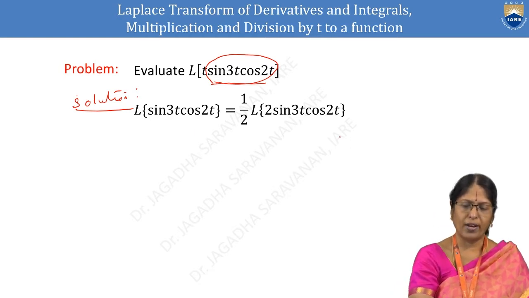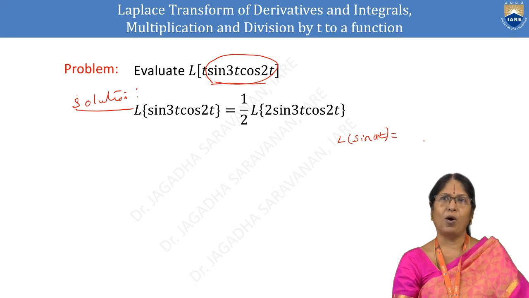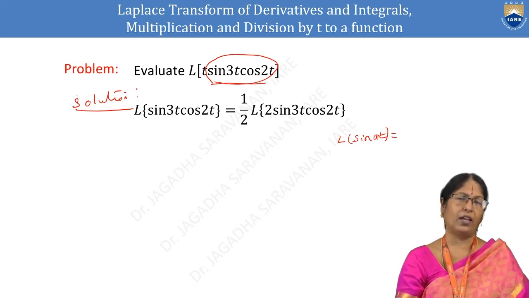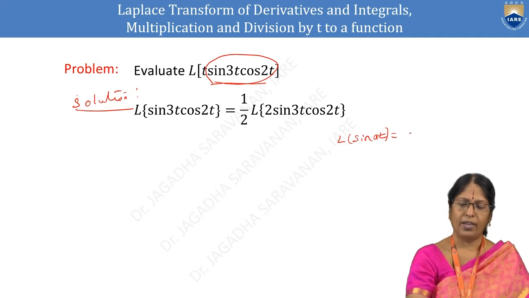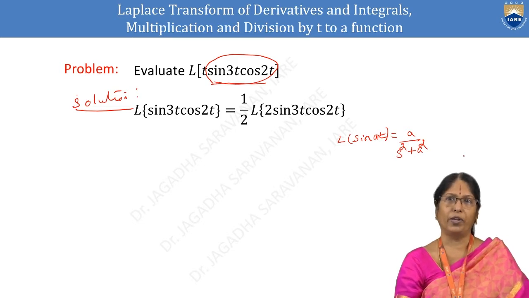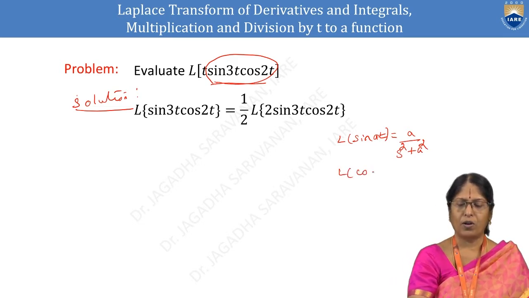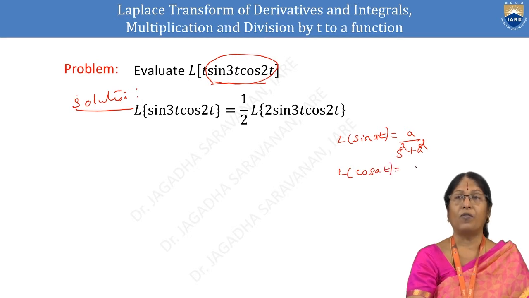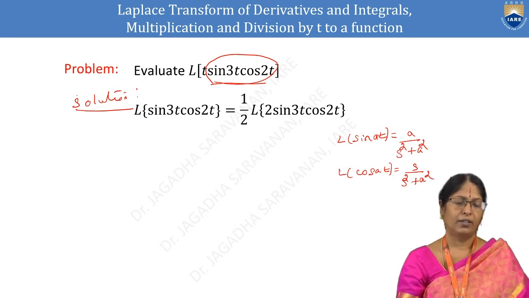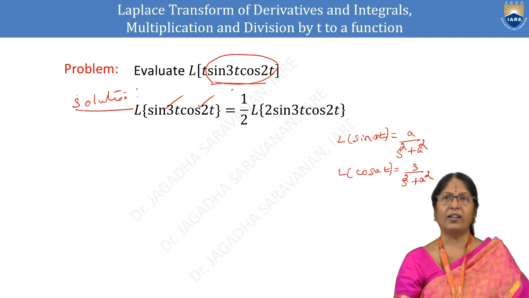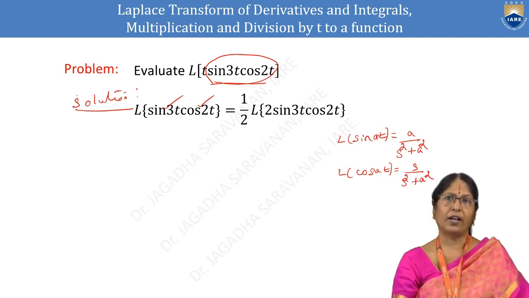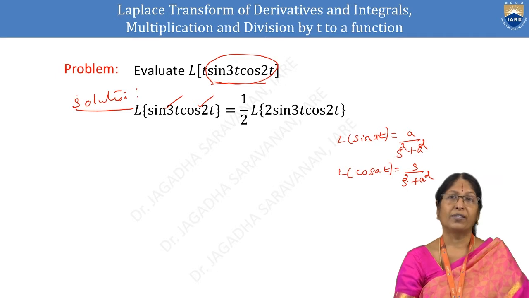If it is only L of sine at, that is the Laplace transform of sine at, alone as a single term, then the formula available is a by s square plus a square. If it is L of cos at, the formula is s by s square plus a square. But the trigonometric functions sine and cos are combined by multiplication, sine 3t into cos 2t.